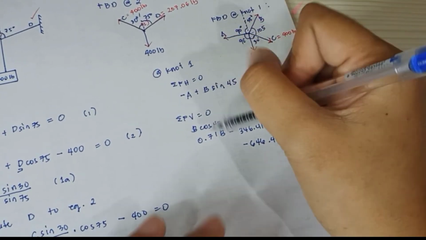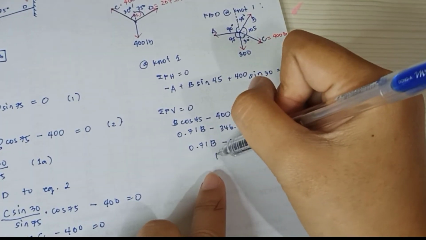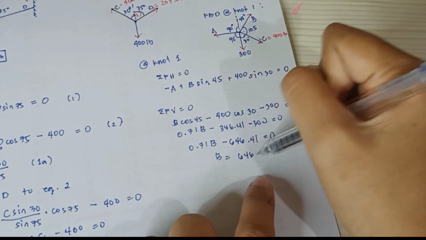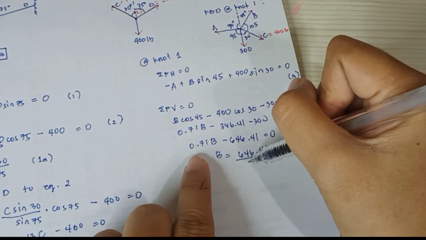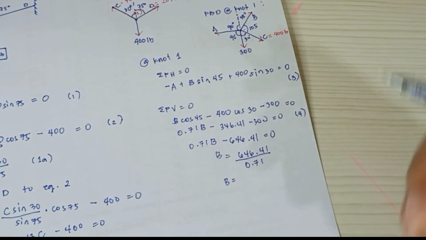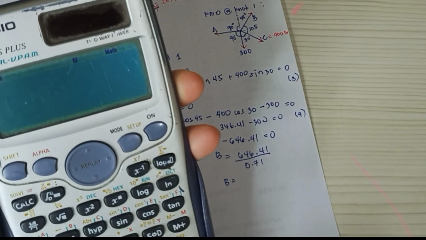And then, rewrite lang natin yung B. And then to solve for B, transpose natin yung 646.41 divided by yung numerical coefficient ng B, which is 0.71. So, we can now get the value of B, which is, ito, solve muna natin.